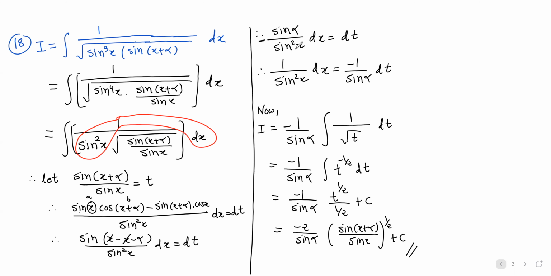Ma'am, please do the 18th one again. In the last step of the first half, how did x minus alpha come? Our x is A and x plus alpha is B. Yes. So our original formula is sine of A minus B. So sine A becomes x, minus B becomes minus (x plus alpha).